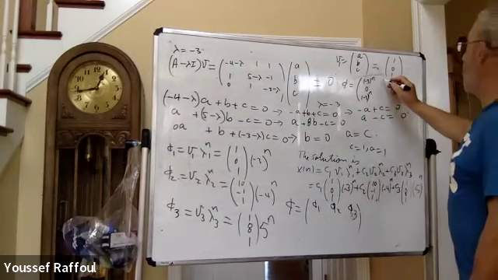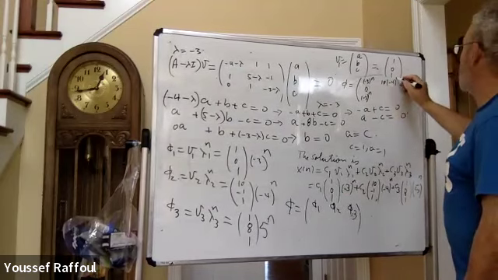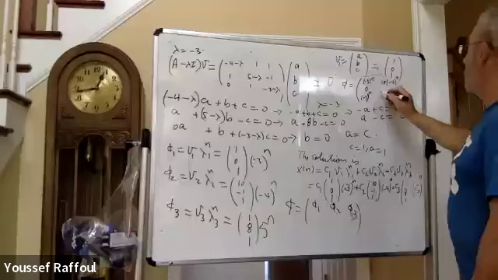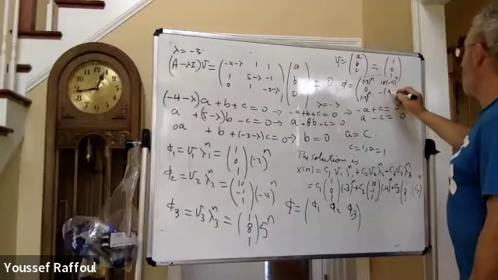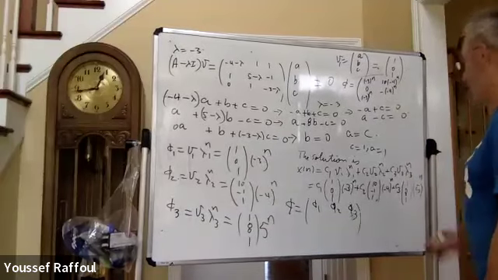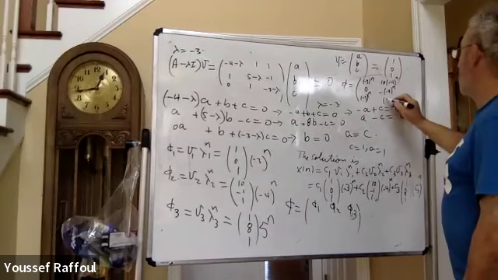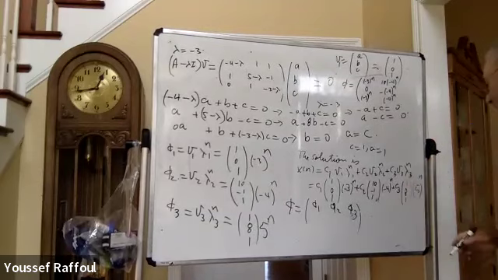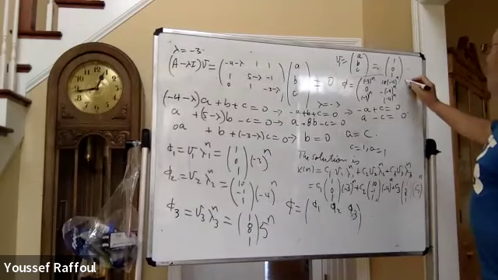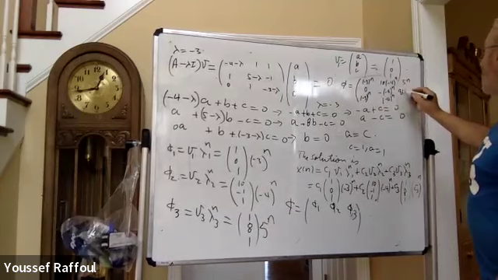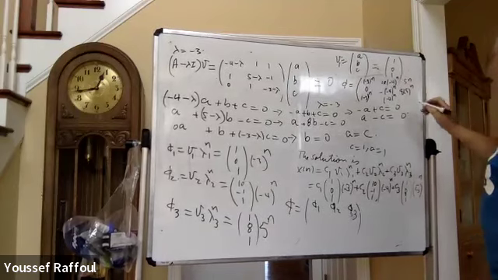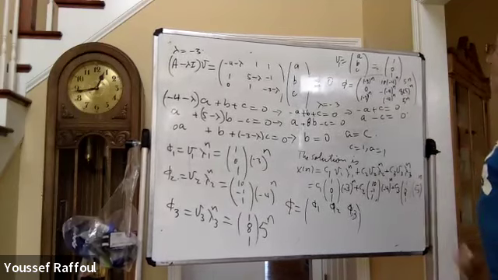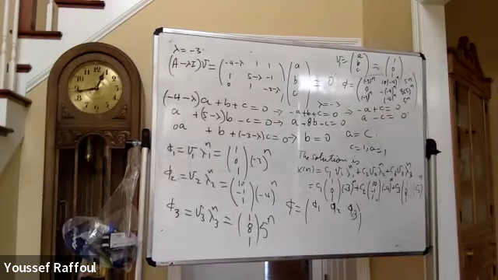Phi2 will be 10 times -4 to the n, minus -4 to the n, and then -4 to power n, and that will be 5 to power n, 8 times 5 to power n, and 5 to power n. So this is your matrix.